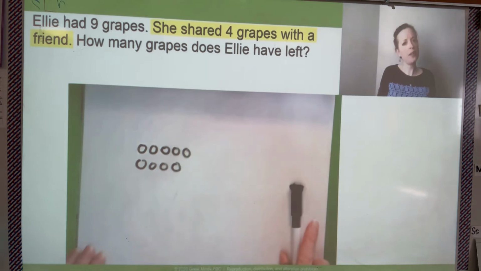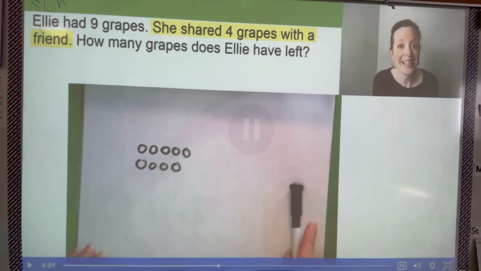How could we show that with our drawing? If you have an idea, lean in. Okay, so how do we show that she shared 4 grapes with a friend? Who could raise their hand and tell me? Adeline, how can we show that Ellie shared 4 of her grapes? How do we show that?